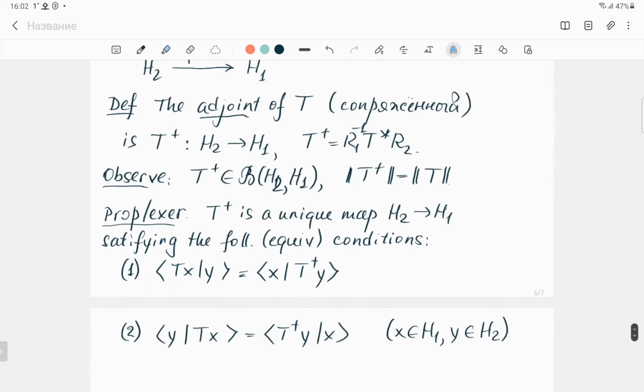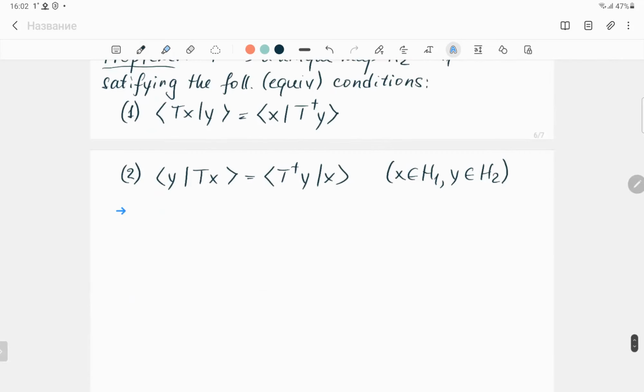And because of this, we adopt the following standard convention. From now on, the adjoint operator T plus will be denoted by T star. Of course, there is a little abuse of notation here, because formally the operators are not the same.